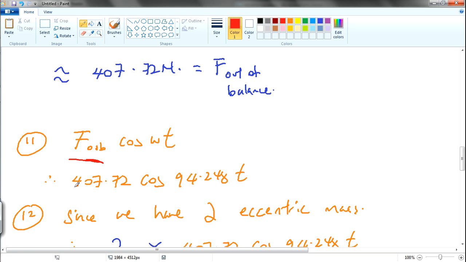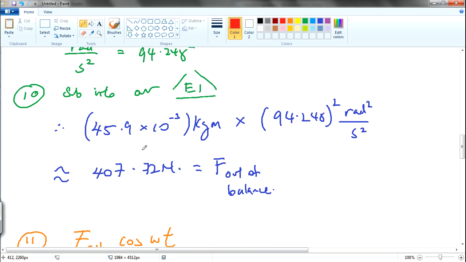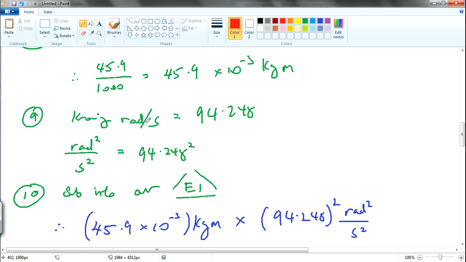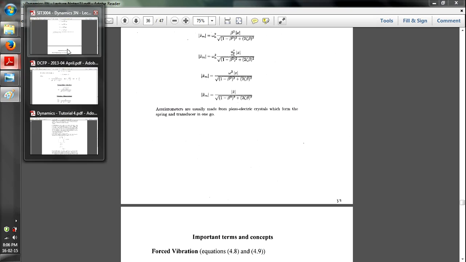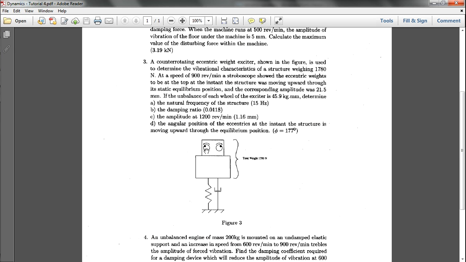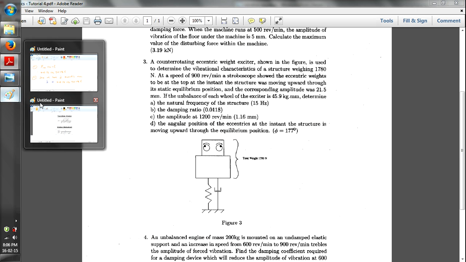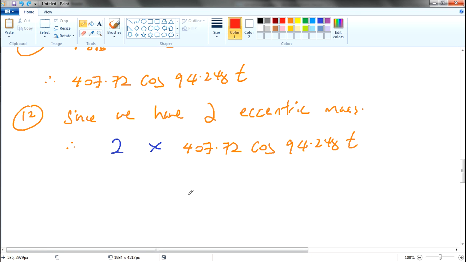This portion here is this portion, while in cosine omega t, omega is our frequency, which we just found earlier. So you're just substituting. And since our system has two eccentric masses, there are two of these, so we just multiply by 2. The result will be this value over here.